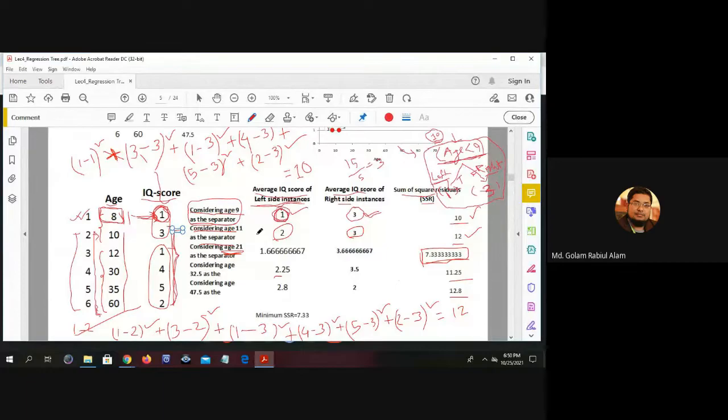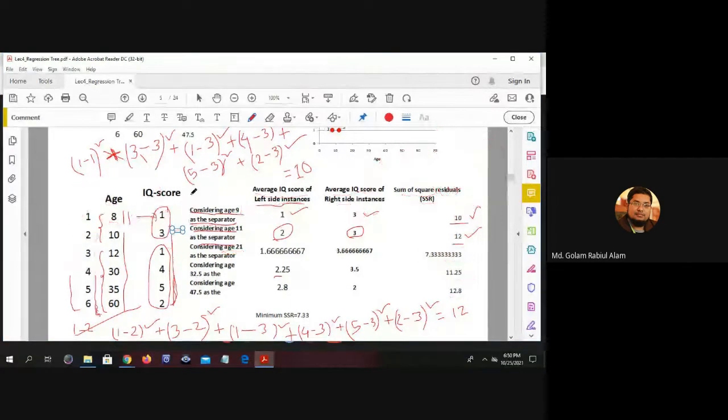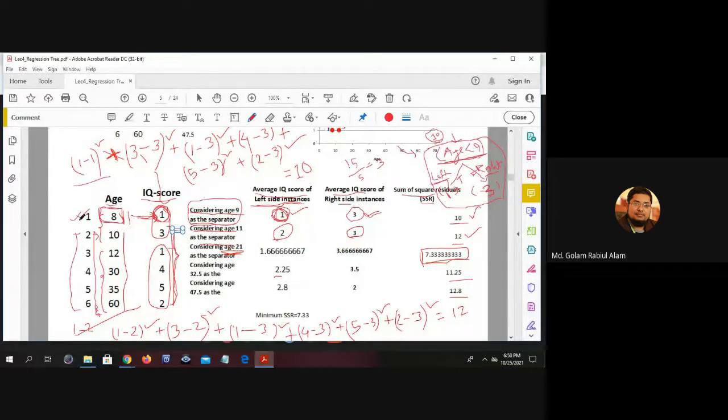The left side average is 1, that means the left side prediction is 1. If you can see here, we have just one observation on the left side. The original IQ score, this is the original.